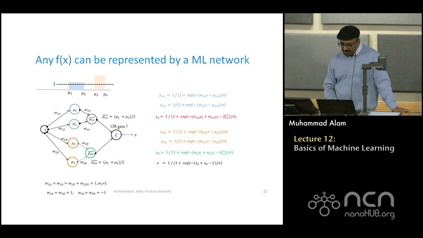Remember that this one would be -1. Then you have mu3 and mu4 which will represent this function. And very soon you realize that it really doesn't matter. I can have an arbitrarily complex function and with a single layer I should be able to reproduce it. So there is no trouble in terms of representing any function that I want.